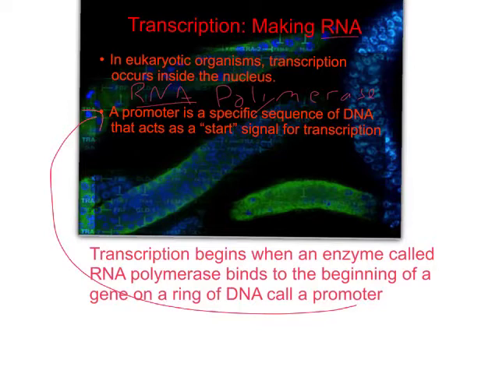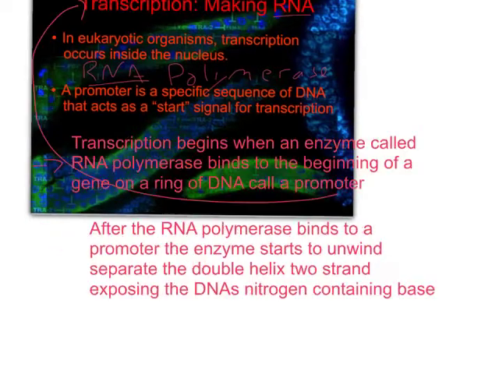RNA is much smaller, and RNA polymerase is a jack of all trades. It's going to bind to the promoter, unwind it, separate the double helix, and start copying the bases. So it can do so many things. That's basically transcription. We are writing down the genetic code, making RNA from the DNA template strand.